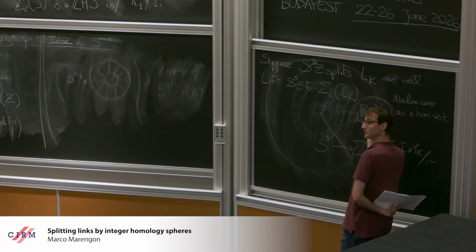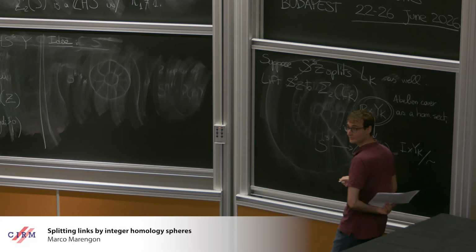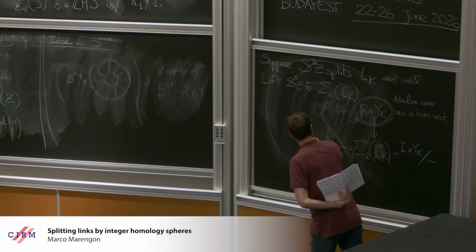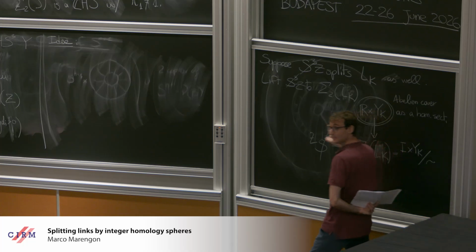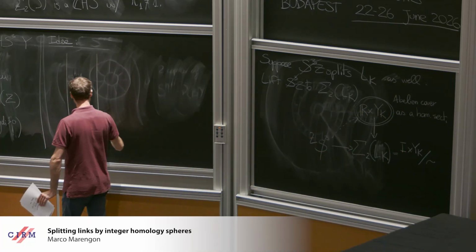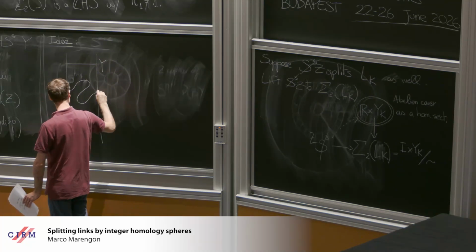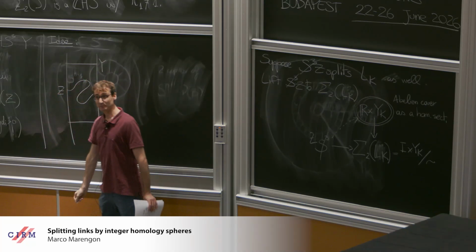And this means that you can lift not only simply connected objects, but every object with H1 equal to 0. So here you have a lift of Z in here, still as a homological section. So the situation is the same as before. You have Y, and you want to obstruct the existence of a Z here.